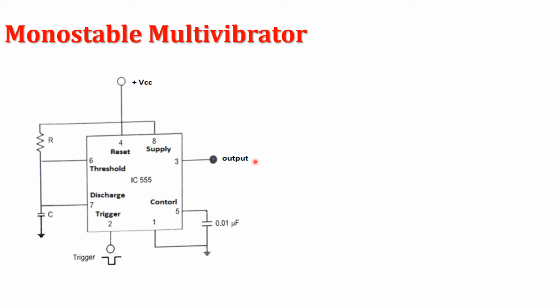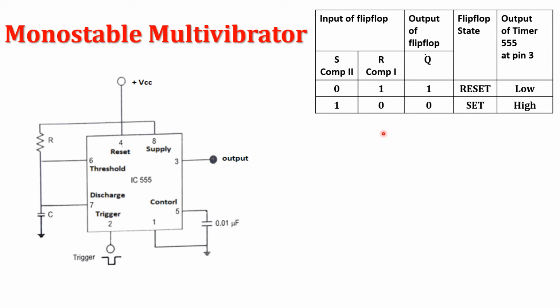As per our earlier discussion of the working of IC555, we know that when the flip-flop state is reset, the output of the timer becomes low. When the flip-flop state is set, the output of the timer is high, and it depends upon the input of the flip-flop, that means the output of the two comparators.